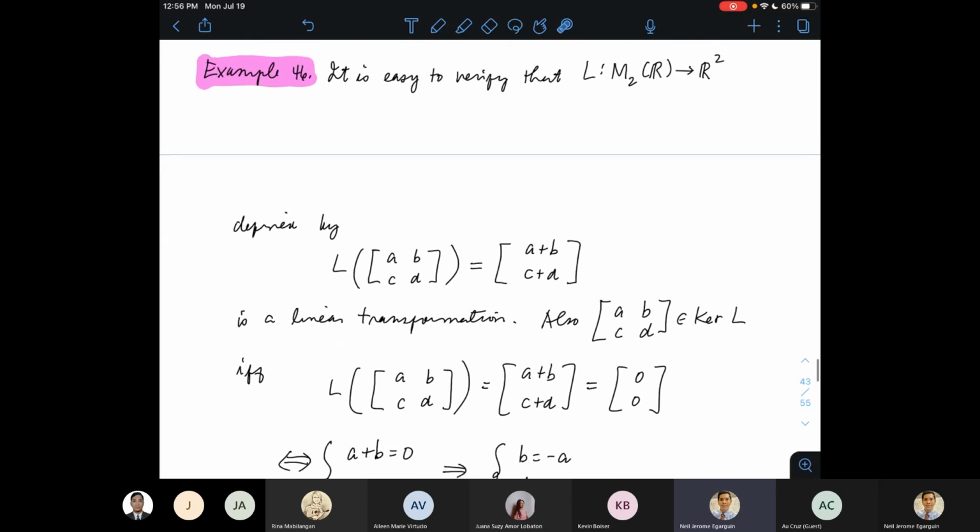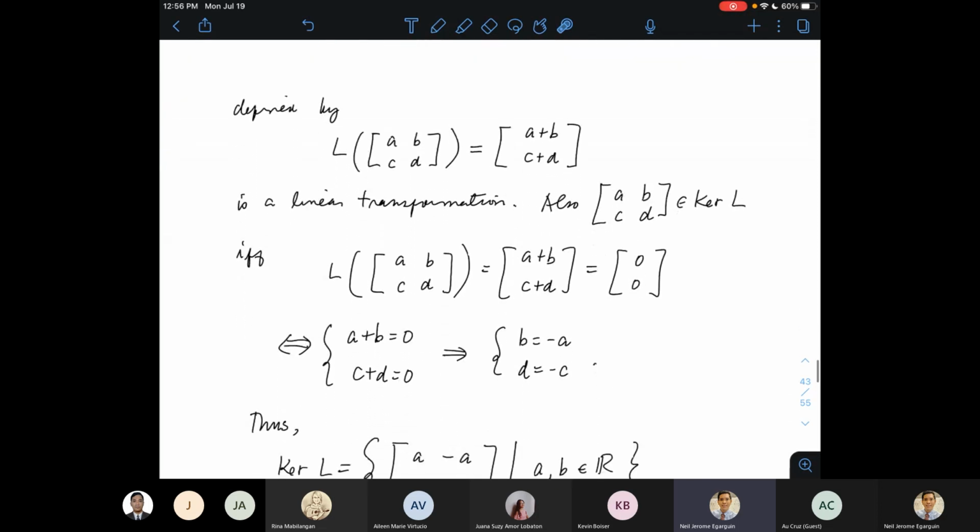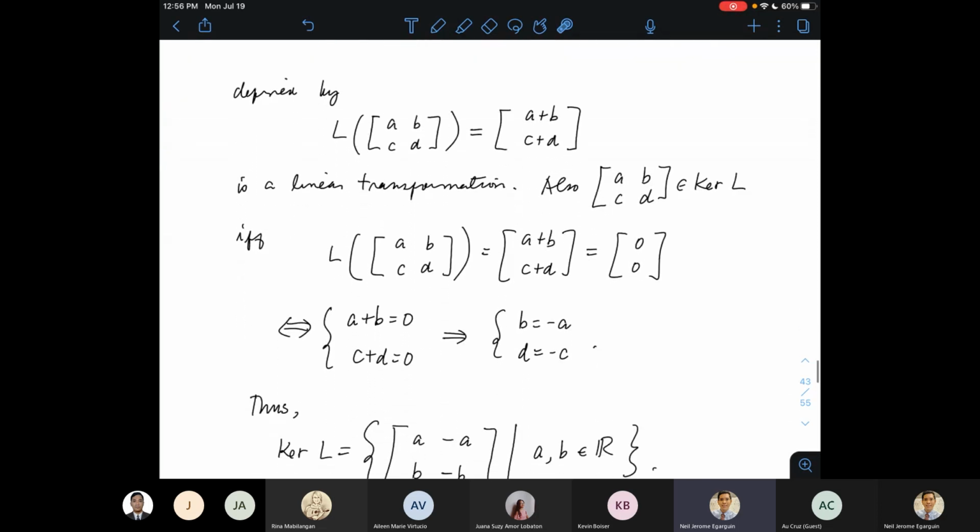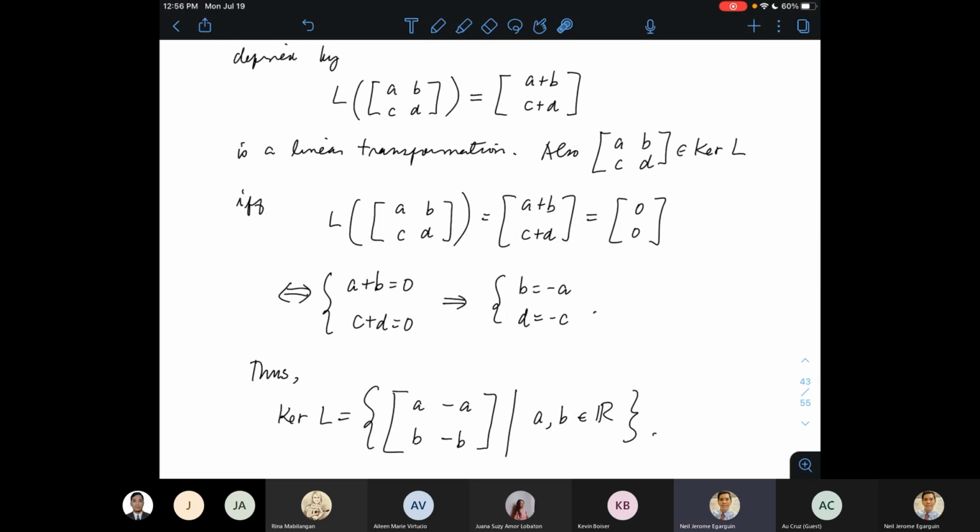So you can verify that this is a linear transformation as an exercise. Pero hindi na siya additional problem kasi meron na tayong problem similar to this earlier. So now let's take a look at the kernel of L, right?